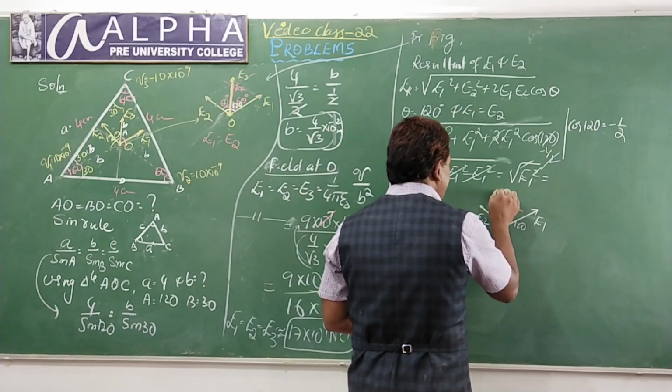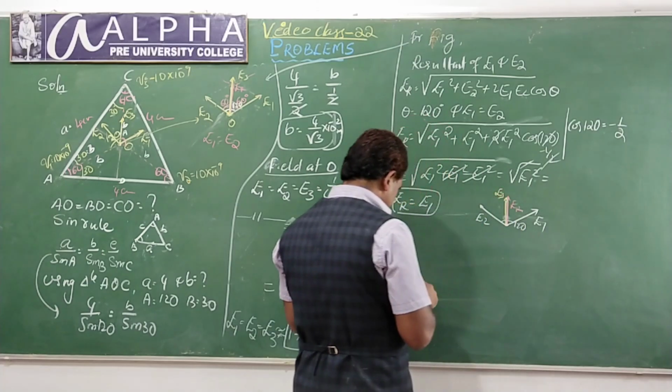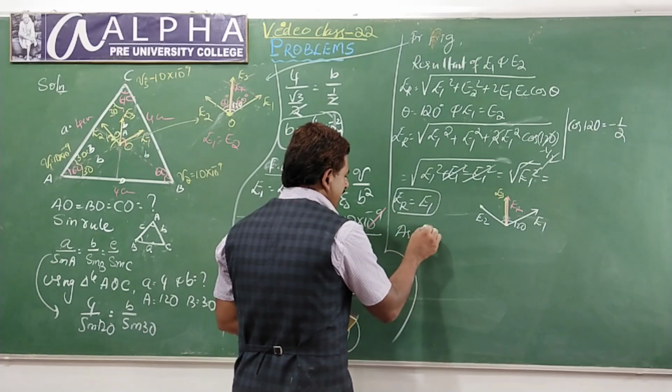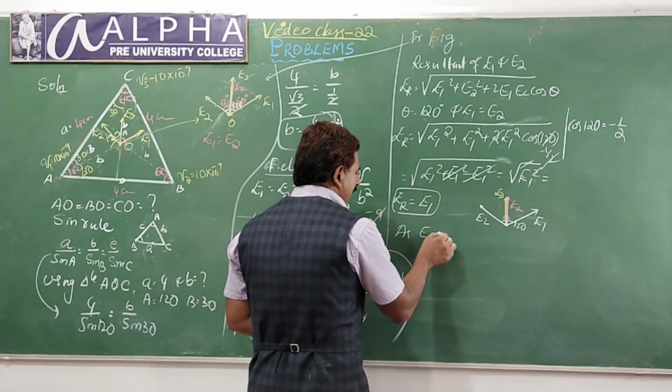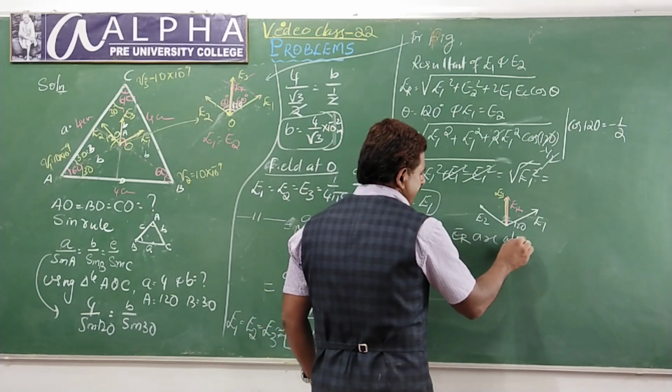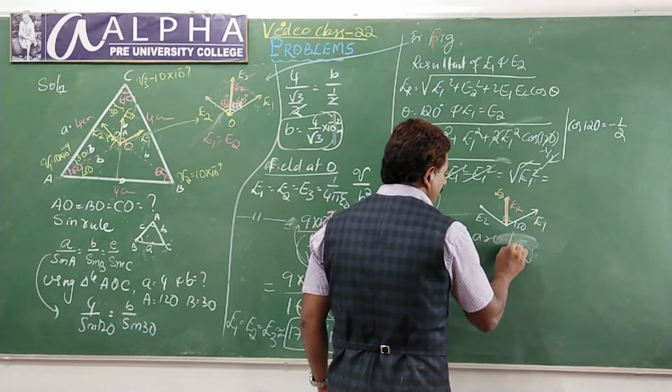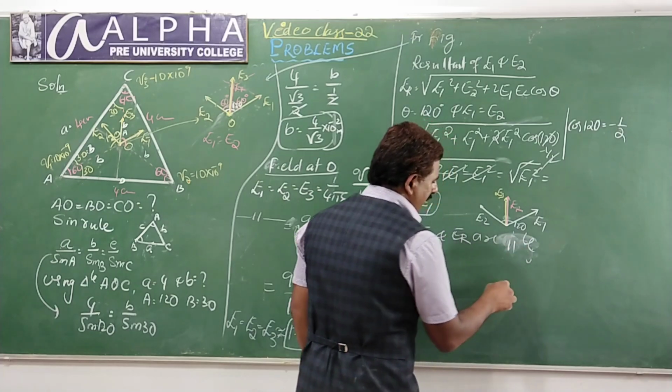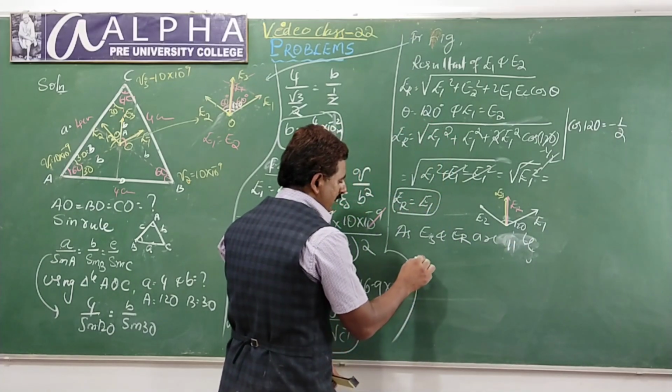What is that? E3. As the two are in the same direction, E3 and ER, the resultant of E1, E2, are along the same direction, or parallel. Right, look here. I write parallel.